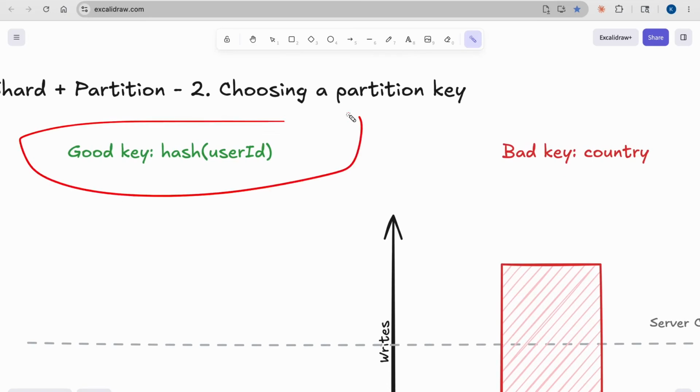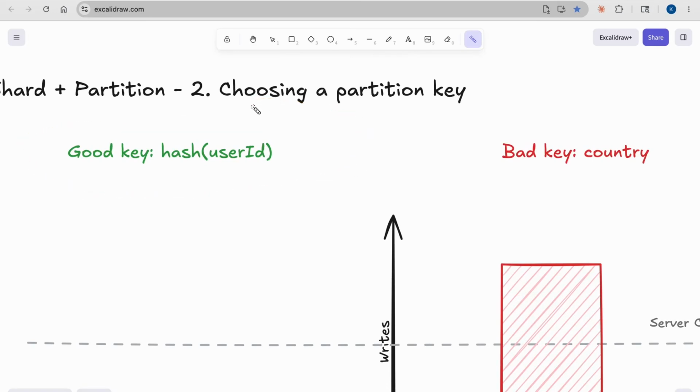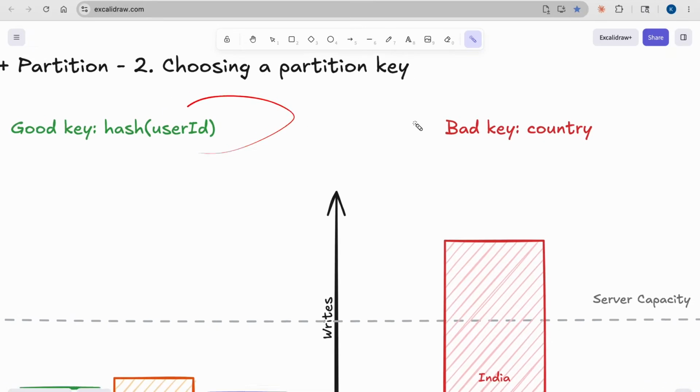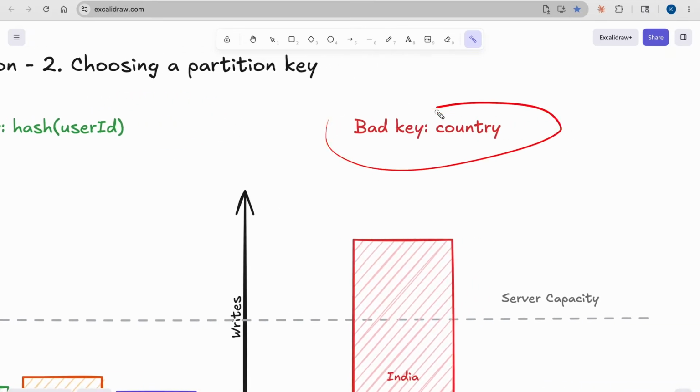Let's say user ID is a good key. Instead of user ID, I decided to use the country as the partitioning key.